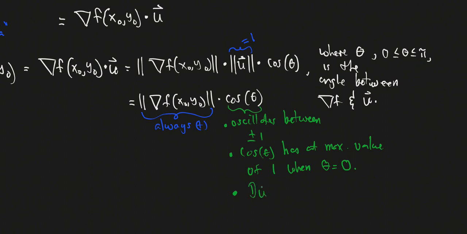Du is maximized, it's the largest it can be, when our gradient vector and our direction vector are pointing in the exact same direction.